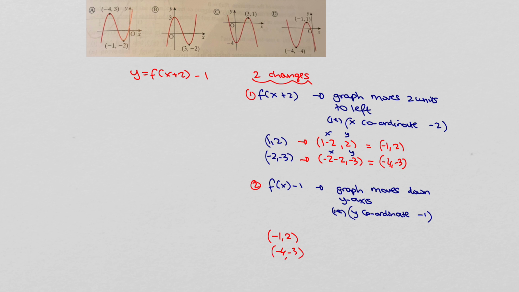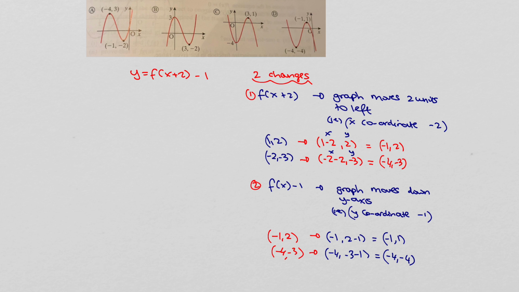And if I now adjust the y-coordinate, which should be minus 1, then that's going to become minus 1, 1, and then minus 4, minus 3 minus 1, which would become minus 4, minus 4. So I have two changes, and the order in which I make my changes doesn't matter really, as long as I'm always taking the new coordinates.